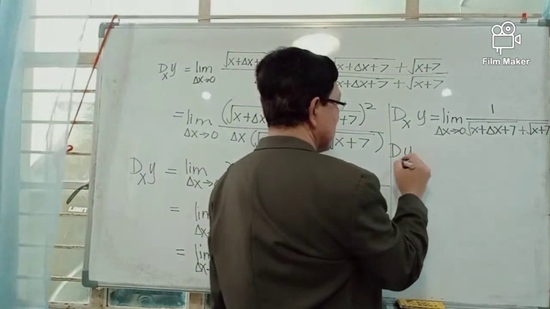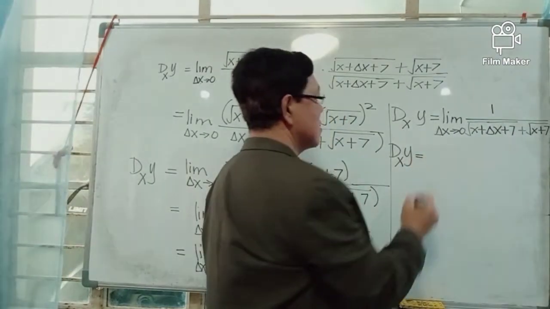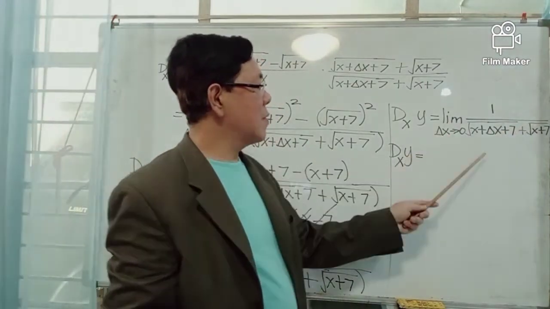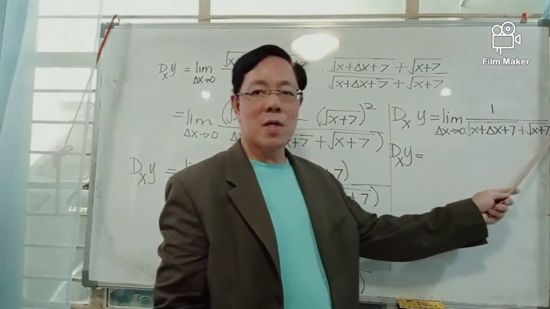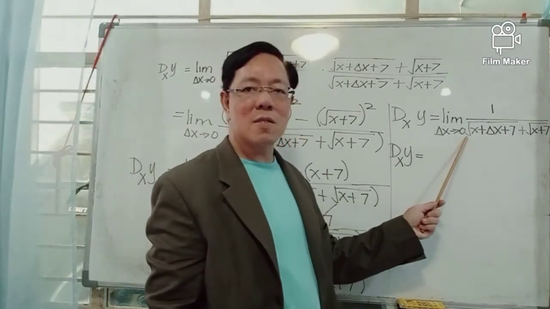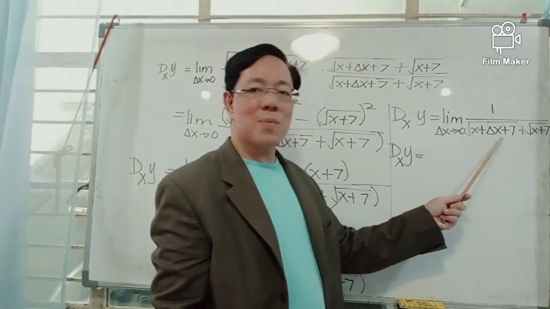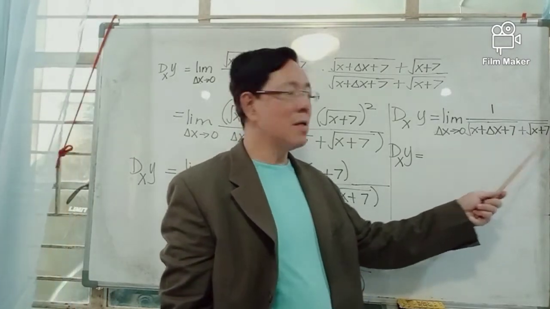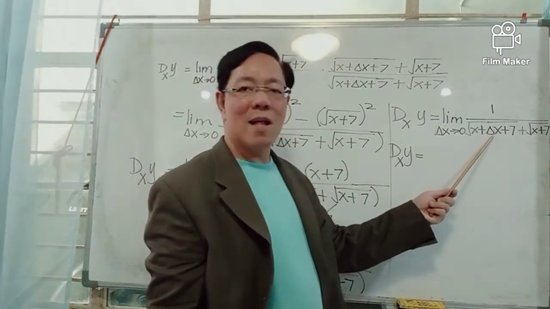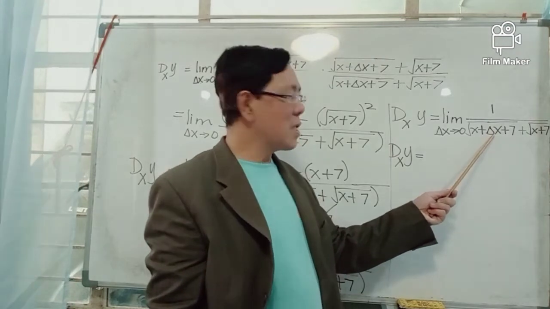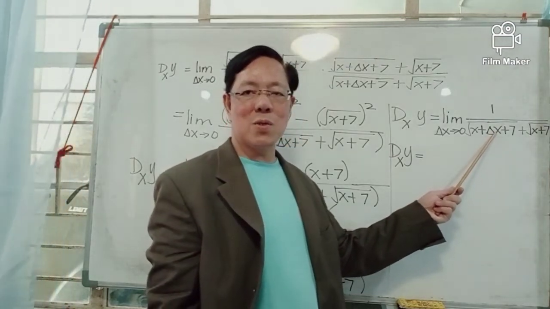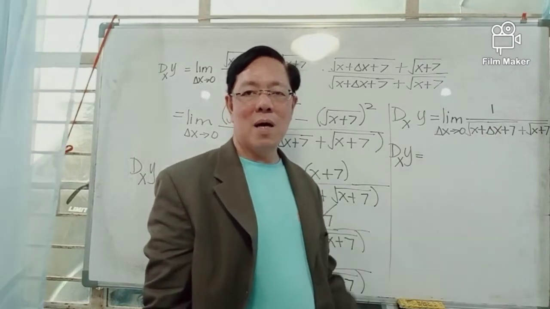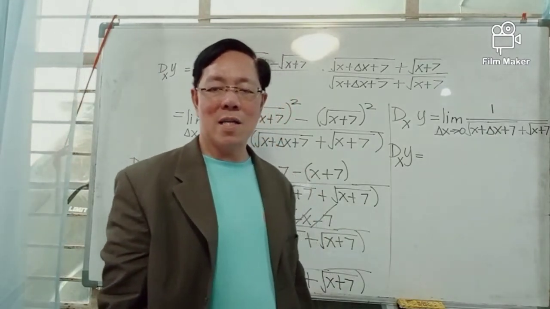The derivative of y with respect to x equals the limit of 1 over the square root of x plus delta x plus 7 plus the square root of x plus 7, by replacing delta x with 0, or we substitute 0 for delta x by using a limit theorem.